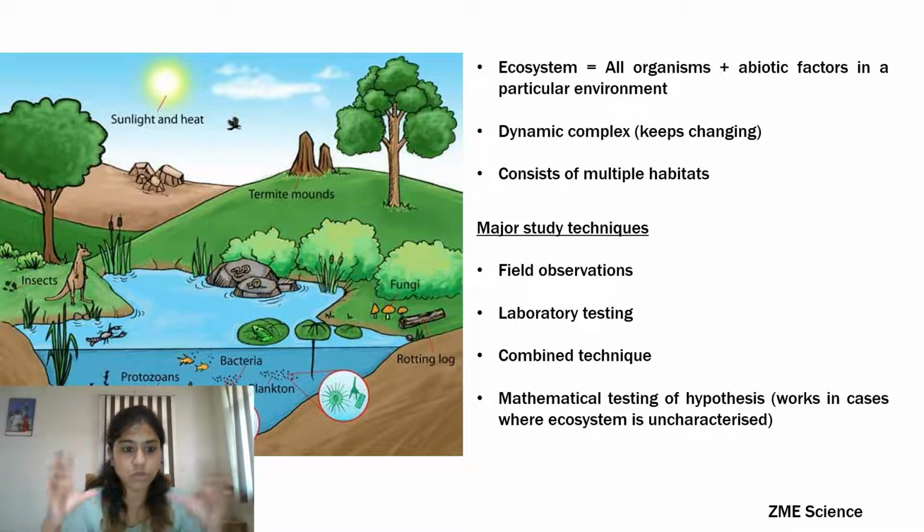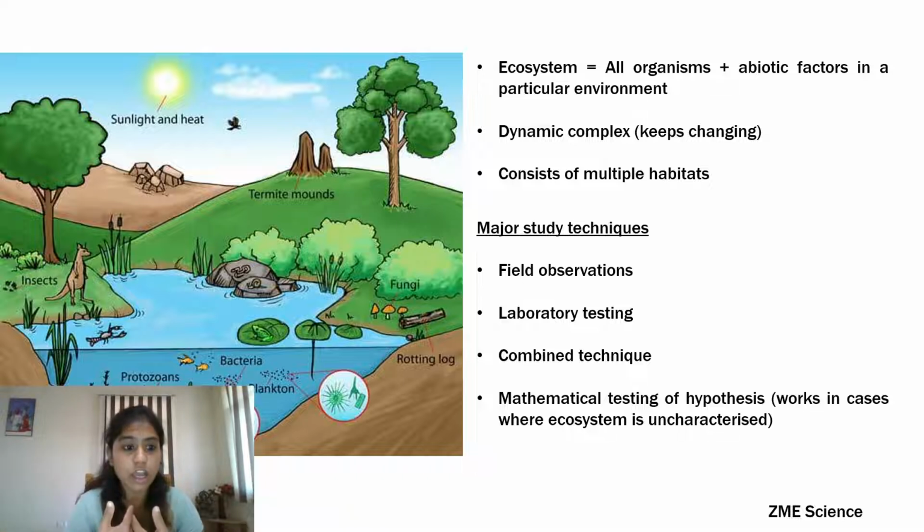Again, to zoom out and look at the bigger picture, an ecosystem has every possible organism, along with the abiotic factors in that particular environment. That is what makes an ecosystem. Ecosystems are very complex and also very dynamic. Dynamic in the sense that they keep changing; they have changed a lot throughout the course of evolutionary history.